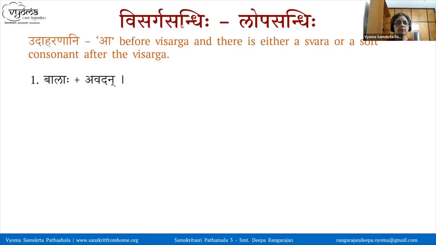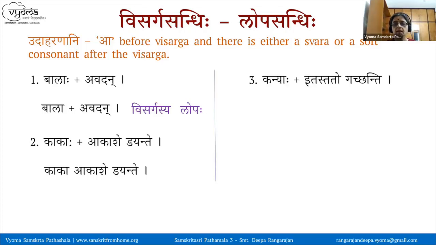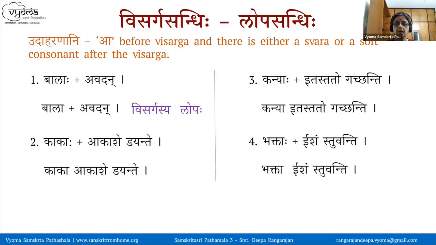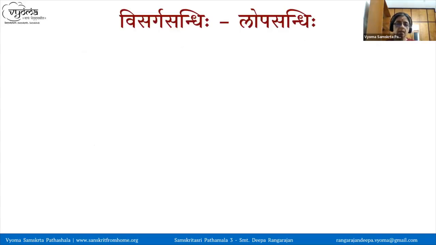Now examples for Visarga being preceded by Akara and followed by any swara or Mridu Vyanjana. Balaha avadan becomes Bala avadan. Kakaha akashe dayante, Kaka akashe dayante. Kanyaha itastataha gachanti, Kanya itastataha gachanti. Bhaktaha isham stuvanti, Bhakta isham stuvanti. If it is Harasva Akara before, and it is followed by any swara other than Harasva Akara, then it elides.